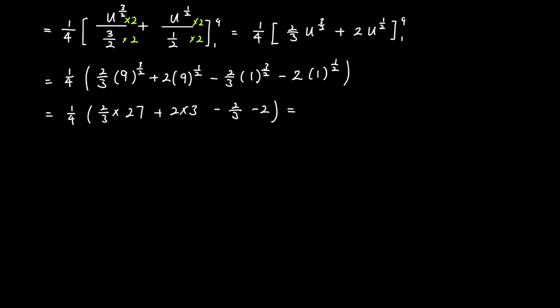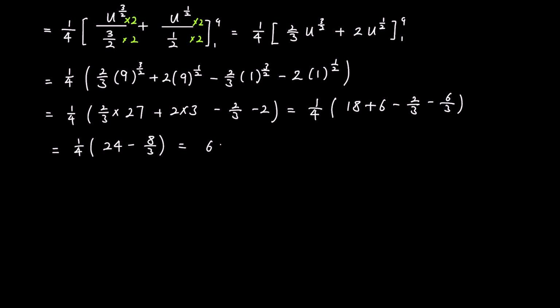Evaluating the expression in the parentheses, we get 1 over 4 times 18 plus 6, minus 2 over 3, minus 6 over 3, which further simplifies to 1 over 4 times 24 minus 8 over 3. Multiplying by the 1 over 4 in front, the final result is 6 minus 2/3, equivalent to 18 minus 2 over 3, which is 16 over 3. The explanation may seem a bit long and complex, right?